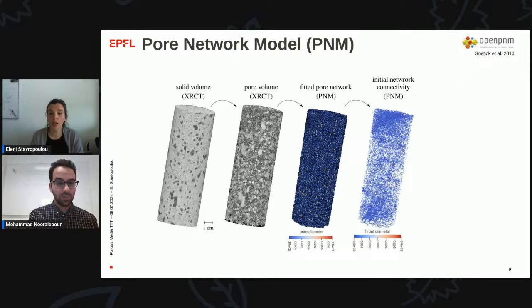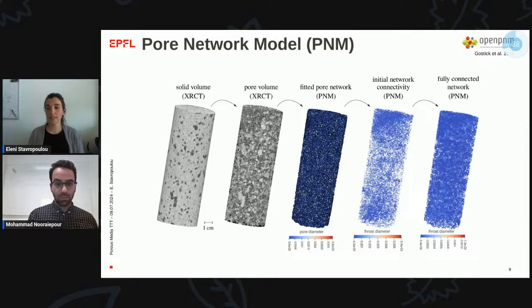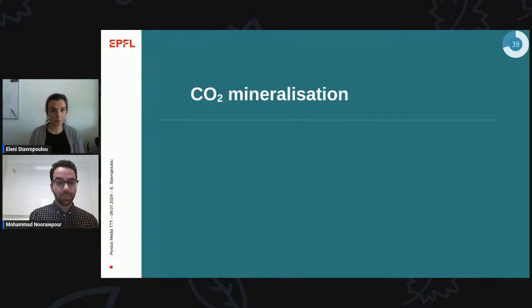We were not able, directly from this algorithm, to perform the flow simulation along the total height of the material because our network was not fully connected. This is related to the distance between the pores, the resolution that we have from our image, but this is a result. So in order to overcome this problem, we manually added some additional throats to create a fully connected network and perform our simulations.